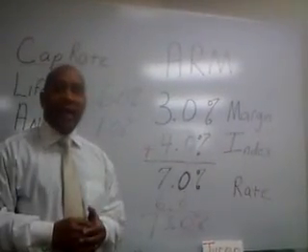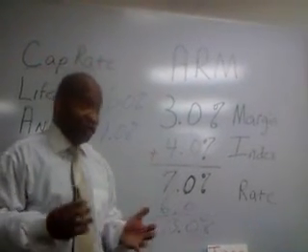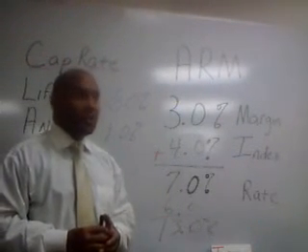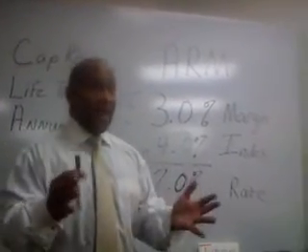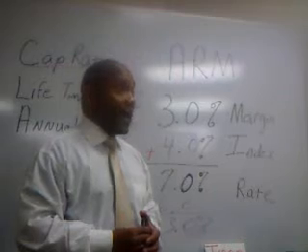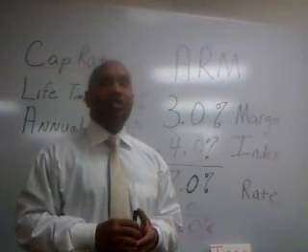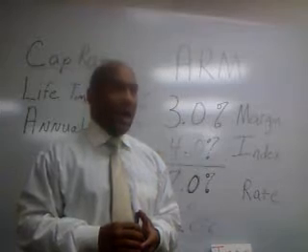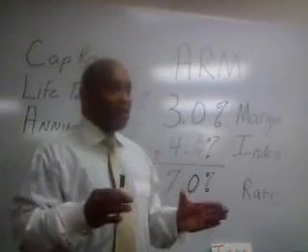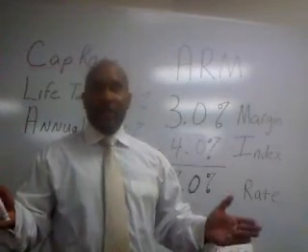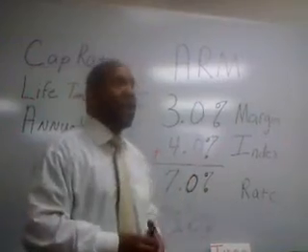Now, a lot of people panic when they find out that they have an adjustable rate mortgage, but they shouldn't, because there are several disclosures that one must sign notifying them that they do have an adjustable rate mortgage. One of the documents is the Truth in Lending document, also known as the TIL. So if you're not sure if you have an adjustable rate mortgage, go to your closing documents that you received at your title company.